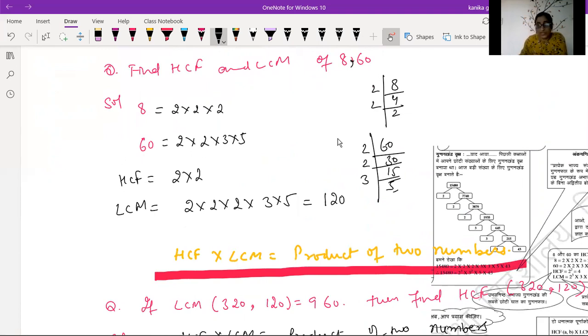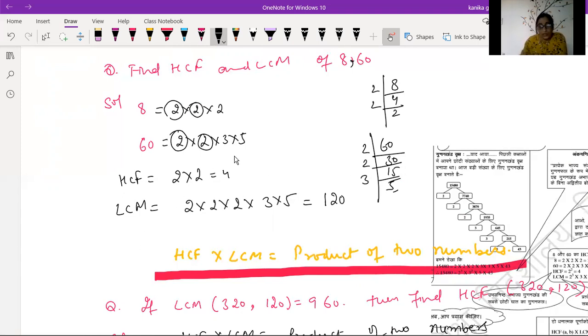So we get 60 equal to 2 multiplying by 2 multiplying by 3 and 5. So we have to find the HCF. HCF is the common numbers in these two numbers. Here 2 and here 2, these are the common numbers. So HCF is equal to 2 multiplying by 2, which is 4.